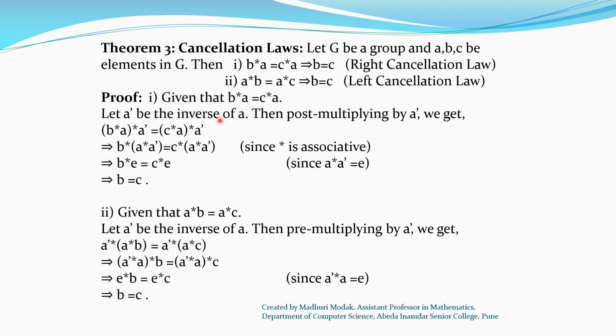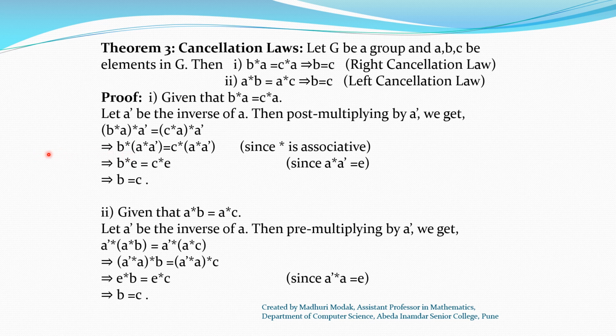So by post multiplying by A dash, we get B star A star A dash is equal to C star A star A dash. Now as G is a group and all are members of G, we can use the associative property of star. So the left hand side we can write as B star in bracket A star A dash. Similarly, the right side is C star in bracket A star A dash.